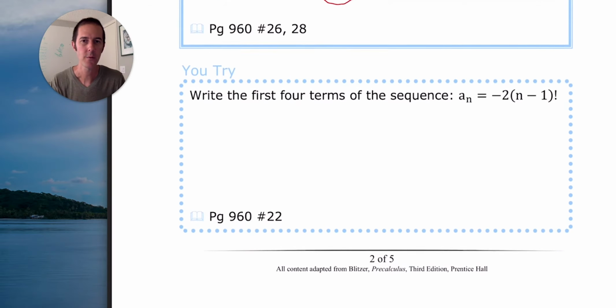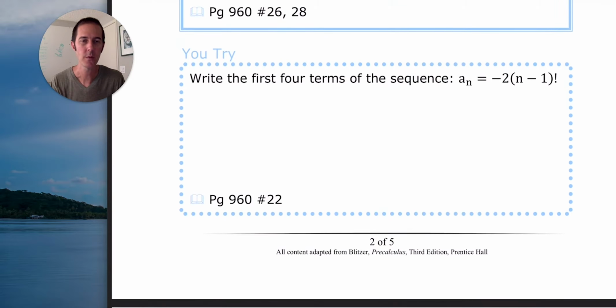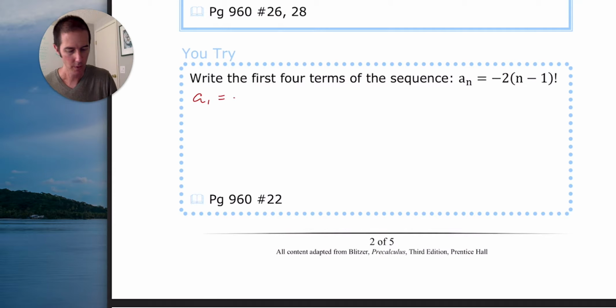Writing out the first 4 terms of this sequence. It's a lot of multiplication. I don't know that I want to do that one. It's negative 2 times, oh, well, let's do the first 2. A sub 1 equals negative 2 times our n value, 1 minus 1 factorial.